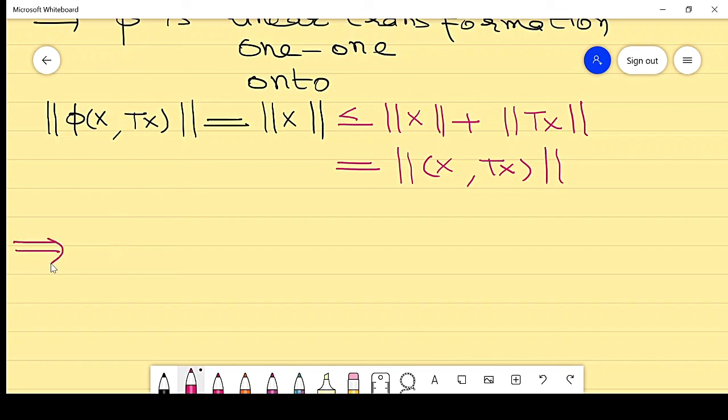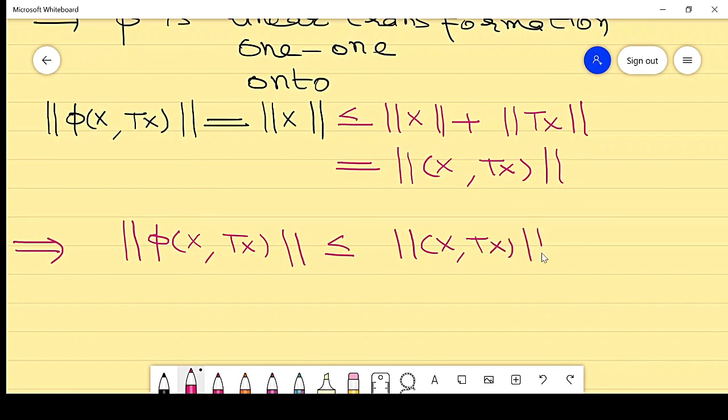So what do we get? We get norm of phi (x, Tx) less than or equal to, here k is 1, so norm of (x, Tx) for every (x, Tx) belongs to Tg.